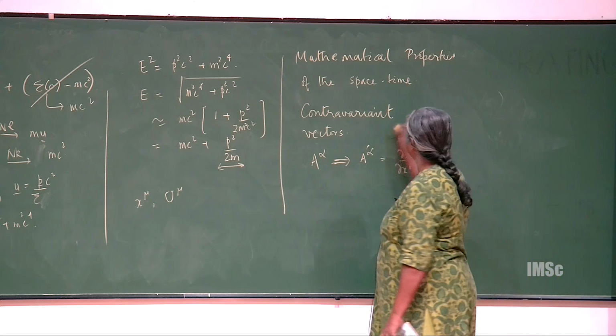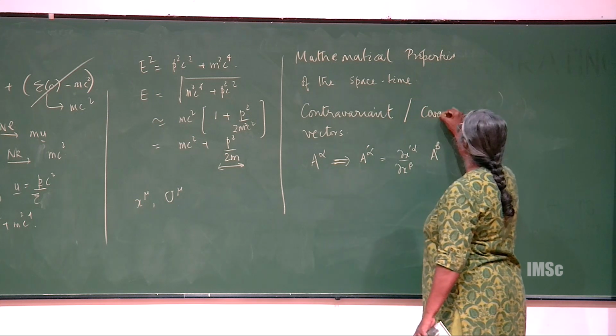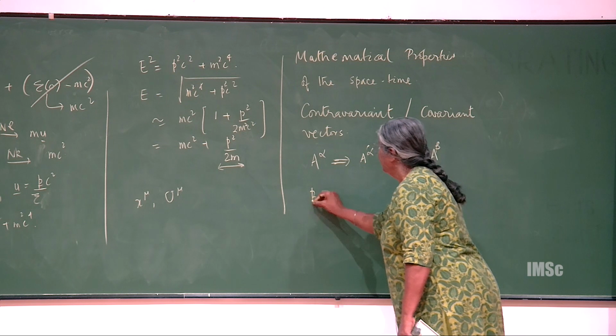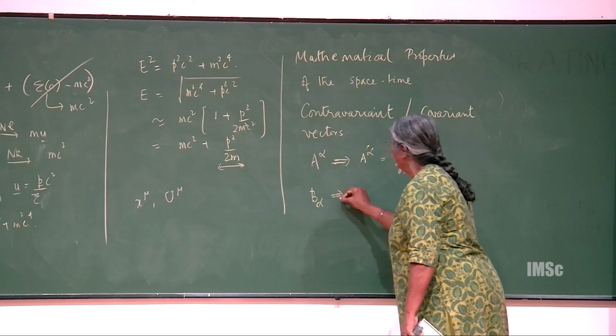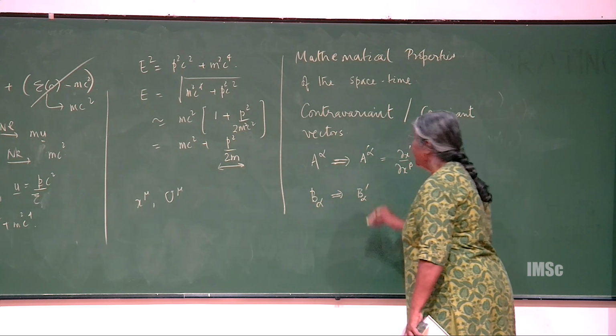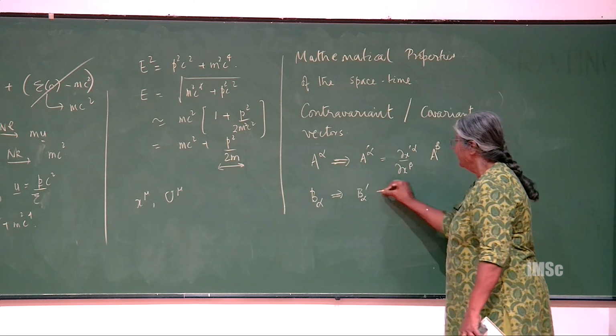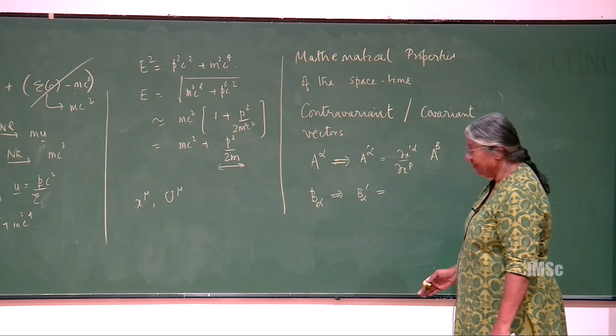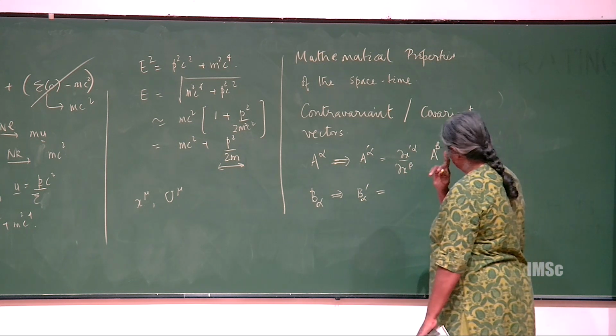Whereas you have another vector called a covariant vector, let's call it B. This whole part is from Jackson. In each edition he uses different notation, so I don't know which version this is. I have some very old notes.